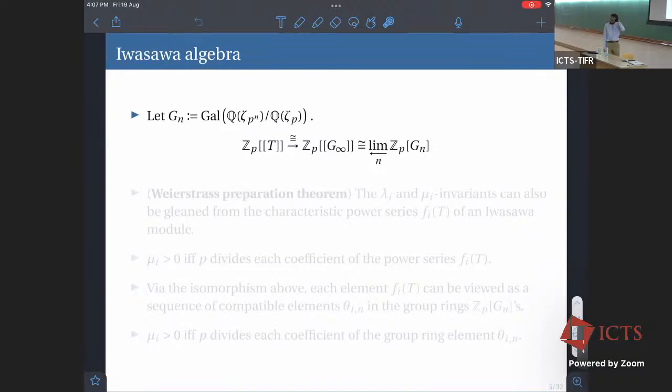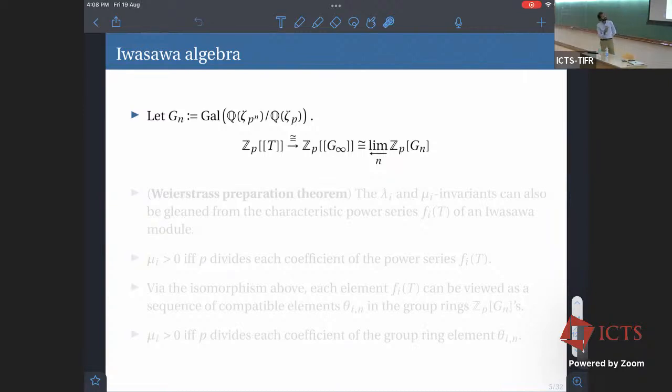As is typical in Iwasawa theory, we want to look at this completed group ring. So I want to look at the group ring Z_p[G_n]. There are these various surjective maps, and then I just want to take an inverse limit over all these group rings. I'm denoting that inverse limit as Z_p[[G_infinity]].